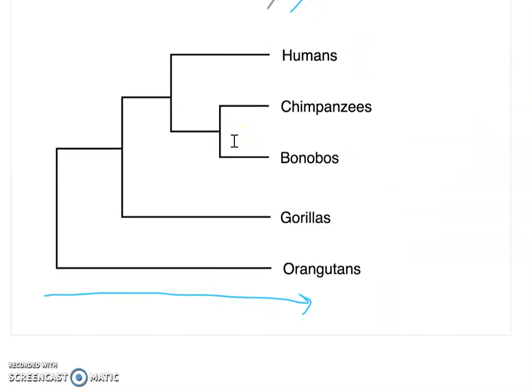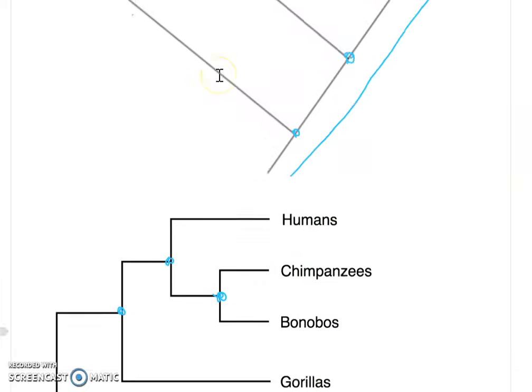On my bottom one, this one would be a node. This one would be a node. So a node is where lines meet together, they touch. Nodes tell you that at this point in history, something happened where two species were made. There was a common ancestor at this point that developed these two different species.